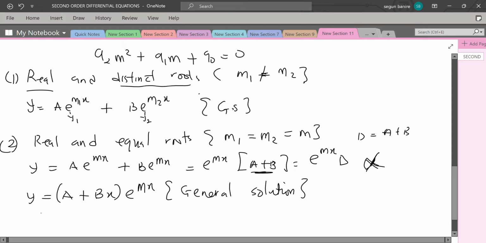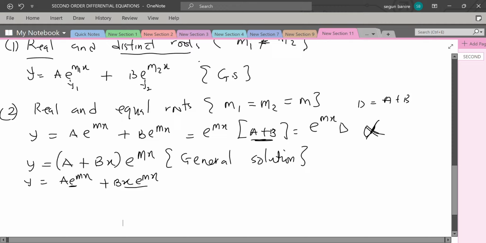This is the general solution. If you open this bracket, you will see your a and b, your x, and your y1 and y2. In this case, y1 is exponential mx, while y2 is x exponential mx. They are different, not the same. This is your general solution when you have equal roots.